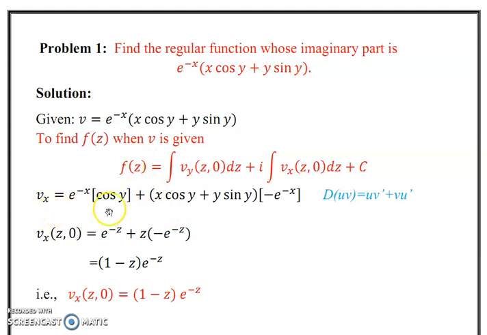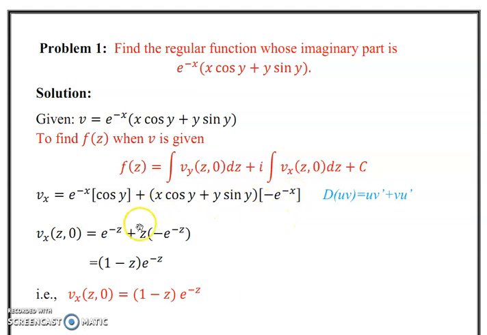Vx equal to, here u is e power minus x, then take the derivative of v with respect to x only. So when you take the derivative with respect to x, you got only cos y. Here the derivative of x is 1, so you got only cos y. Then plus v is x cos y plus y sin y. Then take the derivative of u. Here u is e power minus x. You take the derivative of e power minus x, you got minus e power minus x.